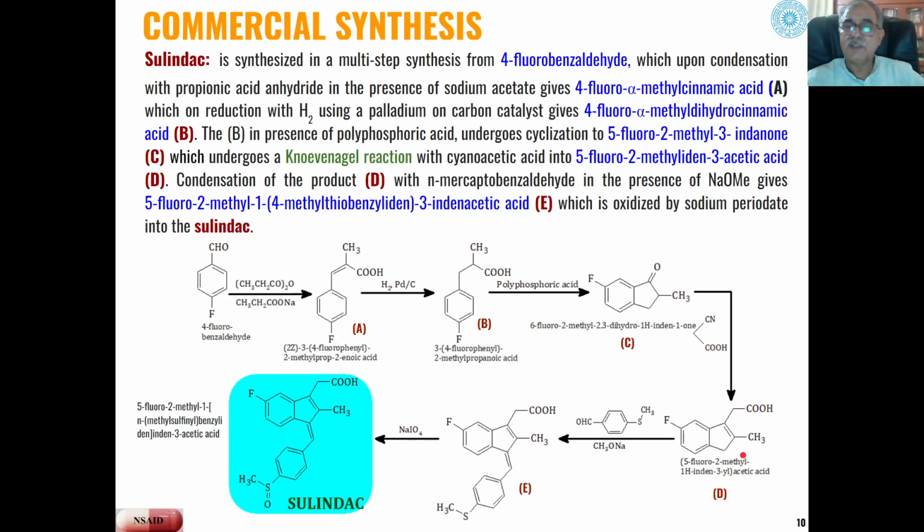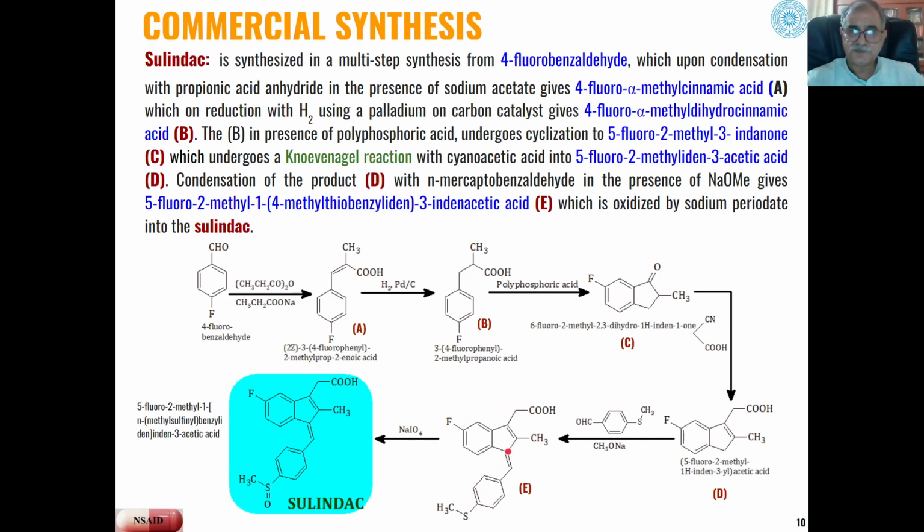And when this is reacted with 4-methylmercaptobenzaldehyde in presence of sodium methoxide as the base, the aldehyde function group and this methylene function group, CH2 from here and oxygen from here, undergo condensation, and we will get this type of indene acetic acid derivative.